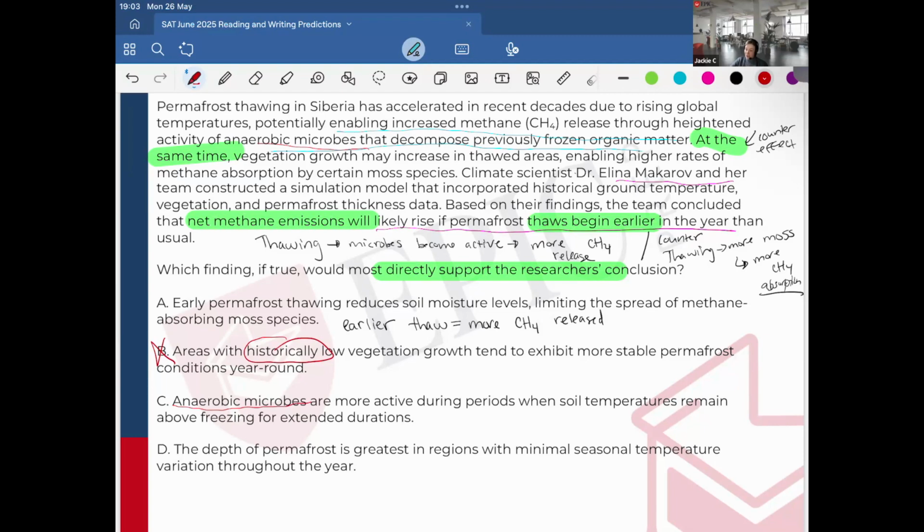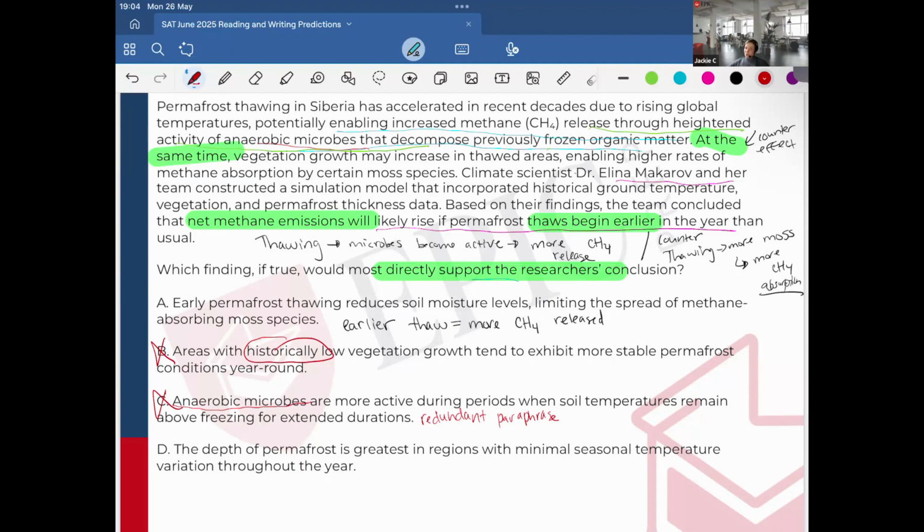I just highlighted it. I'll put it here in green. Released through heightened activity of anaerobic microbes that decompose previously frozen organic matter. So this isn't adding any new support or explaining why earlier thaw is worse than later thaw. So it's just a redundant paraphrase. And that's not going to add further support or directly support the conclusion. It's just providing something we already know.